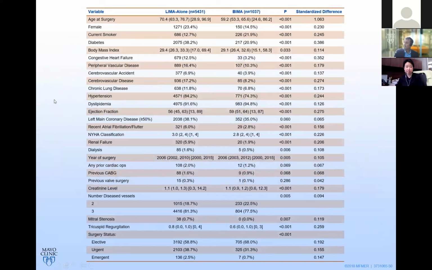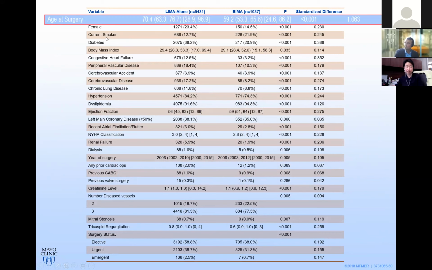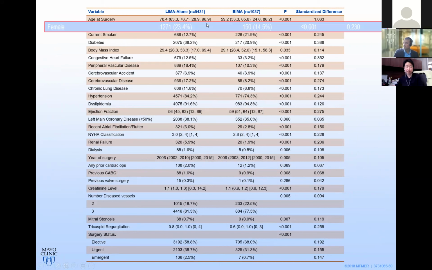Now, if you look at this slide here, these are the risk profiles of both the groups. And you would see that the left internal mammary artery group were older people, while the bilateral internal mammary artery group were younger. Females were more common in the single internal mammary artery group and less common in the bilateral.